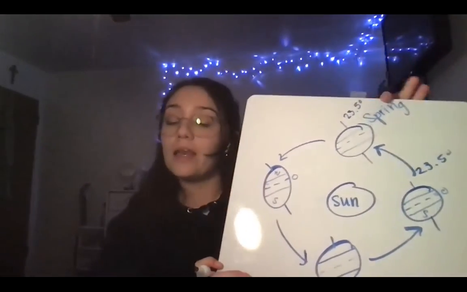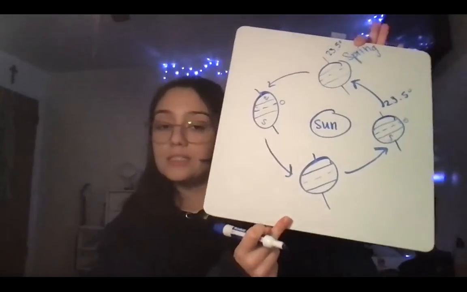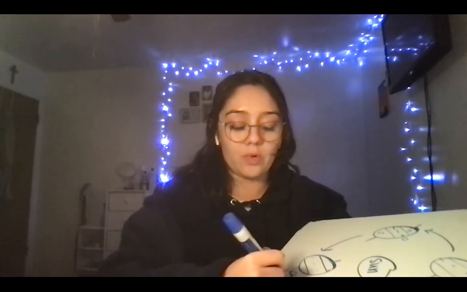And spring and autumn, we know that the seasons change from spring and autumn through this thing called the equinox.